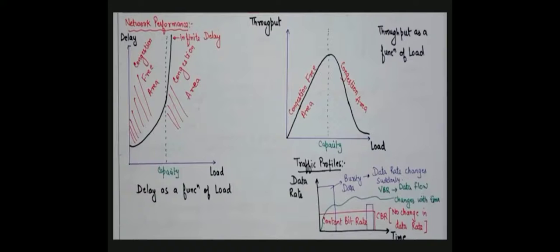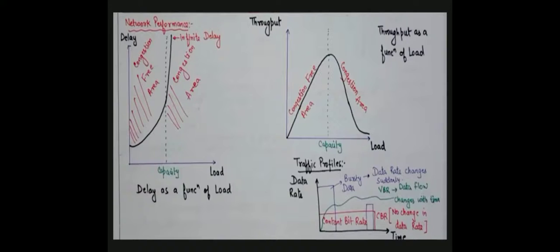When constant bit rate packets also move in the same network, what will happen? The speed of constant bit rate packets and burst data rate packets is different.